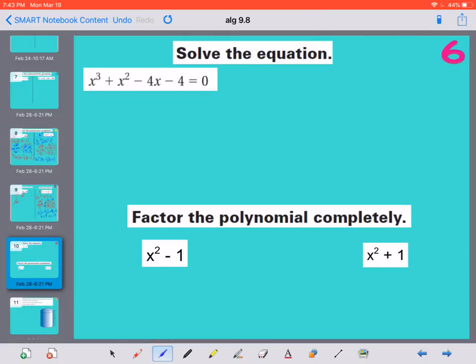Alright, so now we have to solve this equation. This looks like something I can group, because I have 4 terms.